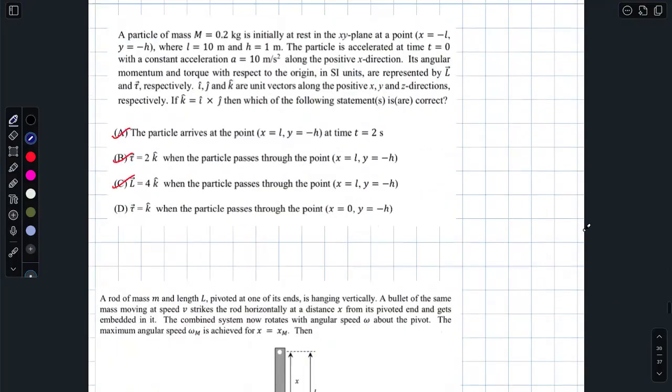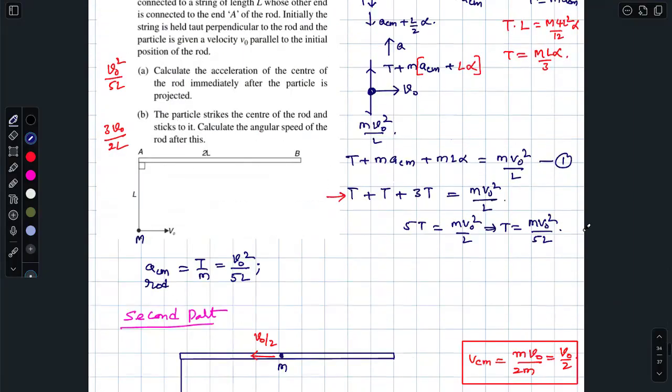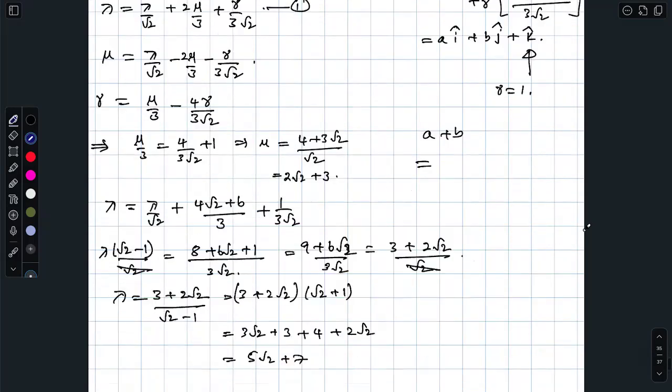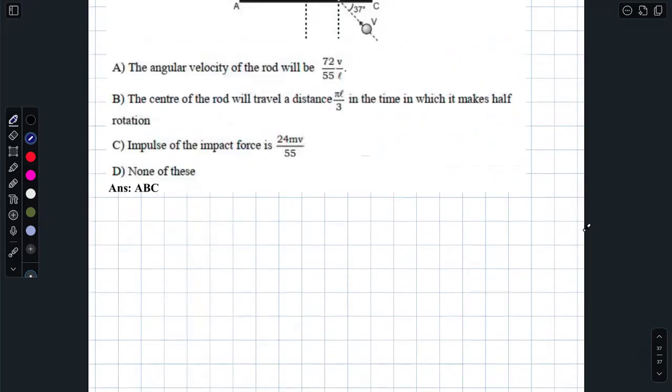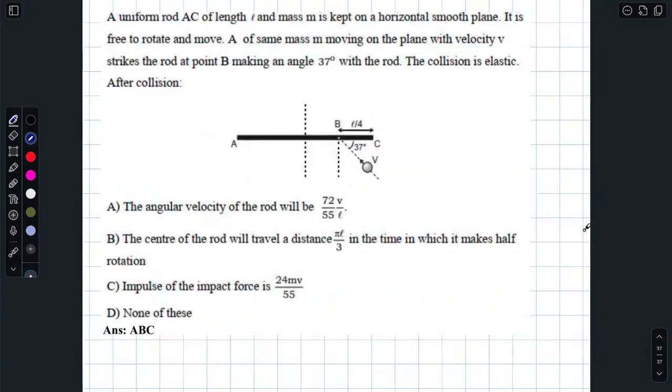Let me see if anything else is seriously required. Yes, I'll work on this. A uniform rod AC of length L and mass M is kept on a horizontal smooth plane. It is free to rotate and move, means free axis.